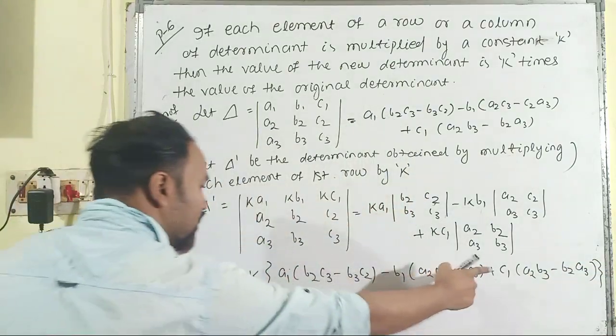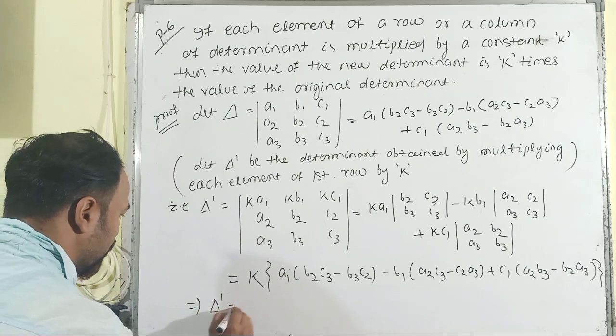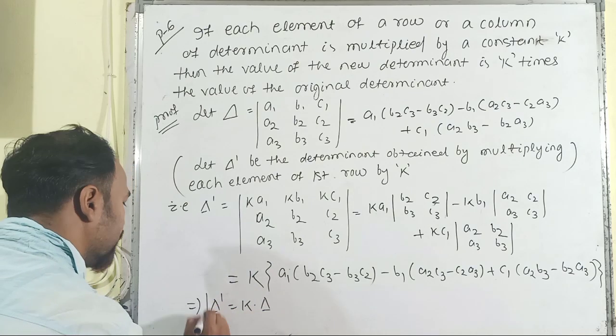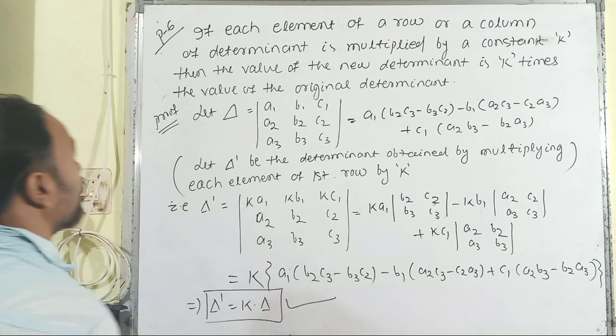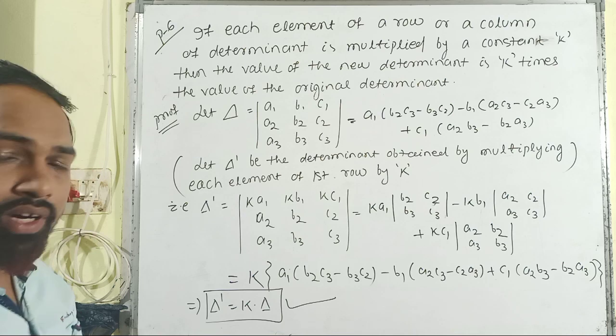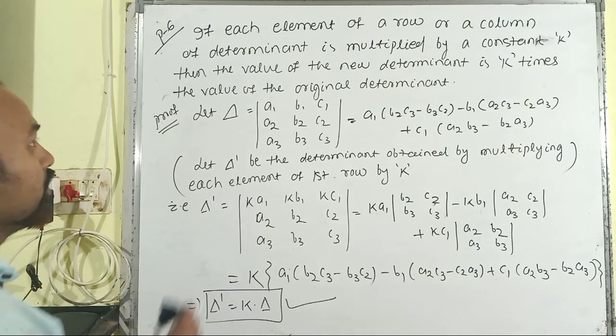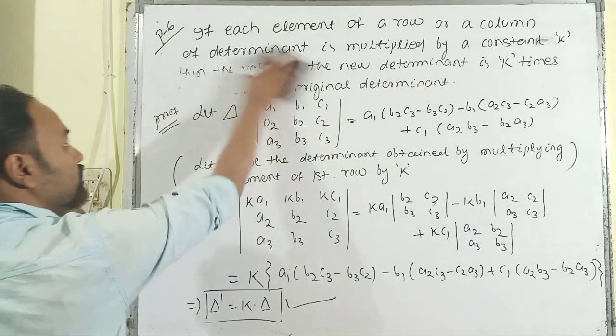And in place of this value, we can put down delta. So delta dash is equal to k multiplied with delta, and here is the proof of the property number 6. Let us implement this property number 6 in a problem so that it will be clear to you.